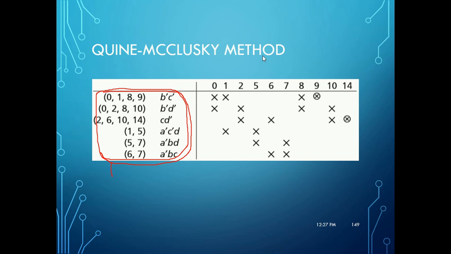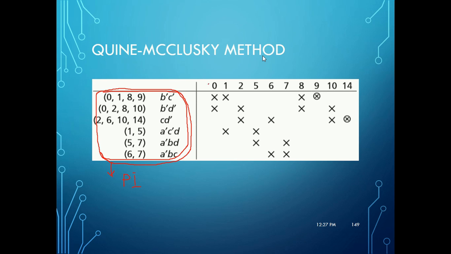So we write the prime implicants now: 0189, which was not cross marked in the previous stage; 0 2 8 10, also not cross marked; 2 6 10 14, not cross marked in column 3 of the previous problem; and 1 5, 5 7, 6 7, which are also terms not marked in column 2. Those are the prime implicants now.